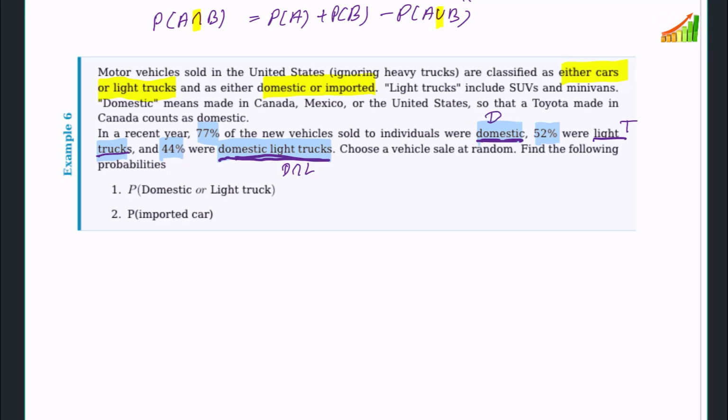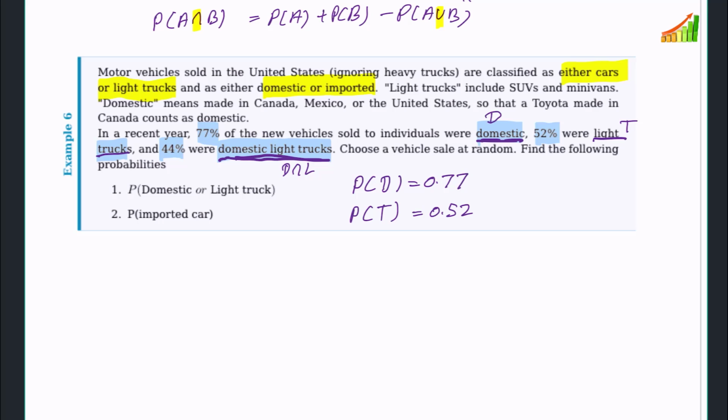So we can write this information using these two events. Let me write these given pieces of information. 77% of the new vehicles sold to individuals are domestic. Therefore, the probability of domestic is 77%, meaning 0.77. Next, 52% were light trucks. So the probability of T equals 0.52.